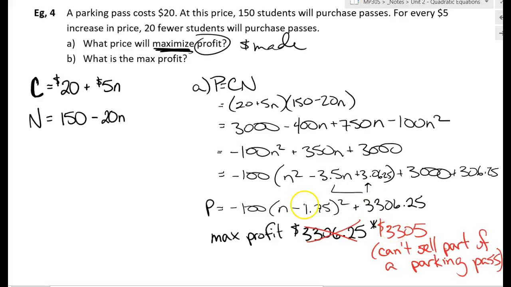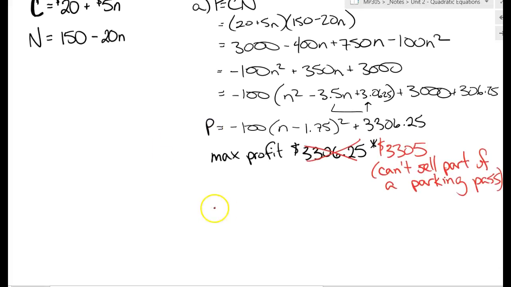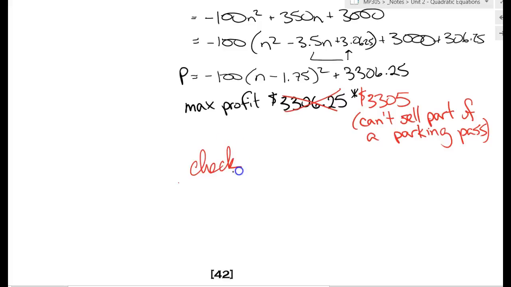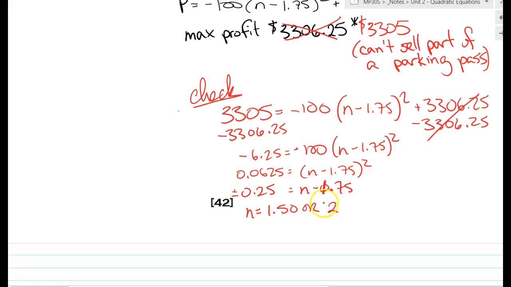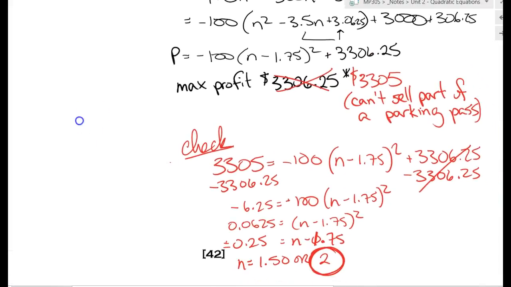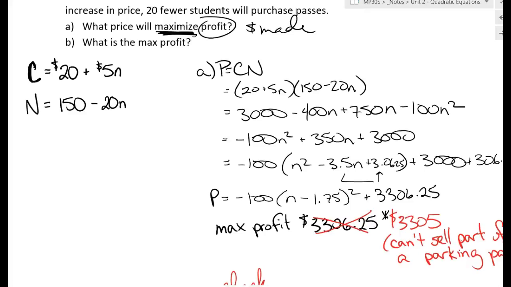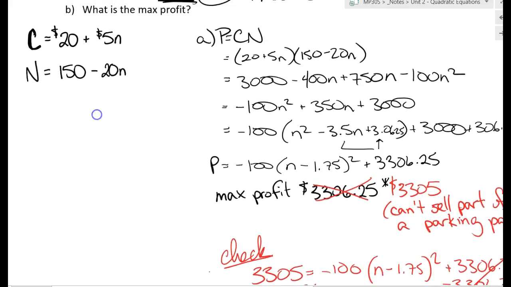So what I'm going to do is plug that in over here. So I'm going to check my answer to make sure it's legitimate. Okay, so by checking my answer like this, I can decide that n for my maximum, the number of times I've increased it, is twice, which means that I can answer B now.